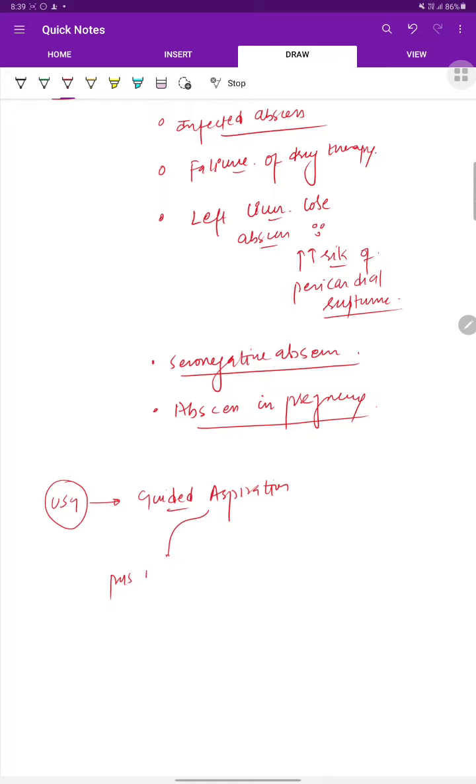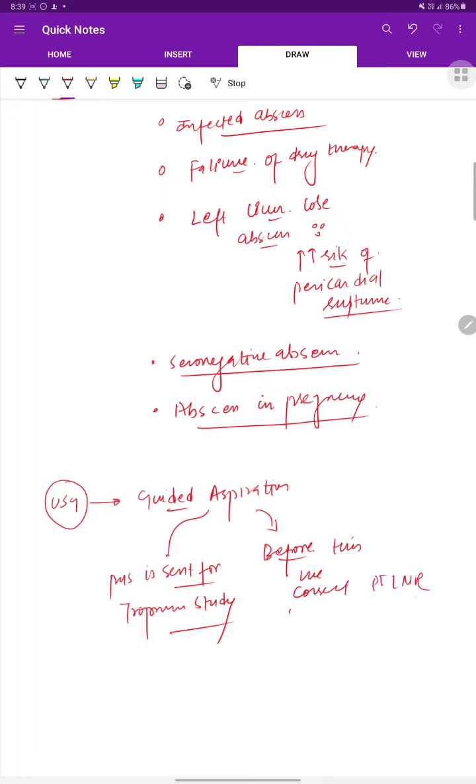Pus is sent for trophocyte study. Okay, and before this we correct PTINR by vitamin K administration or FFP.